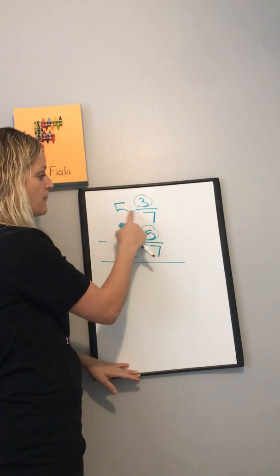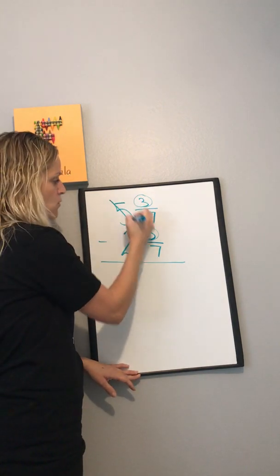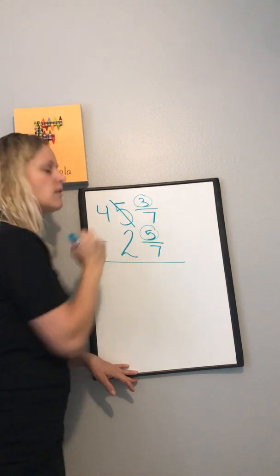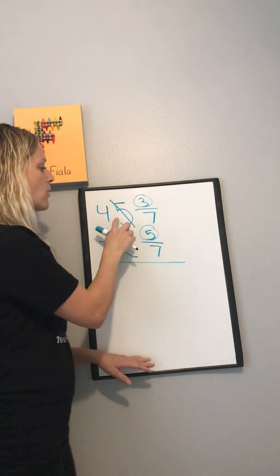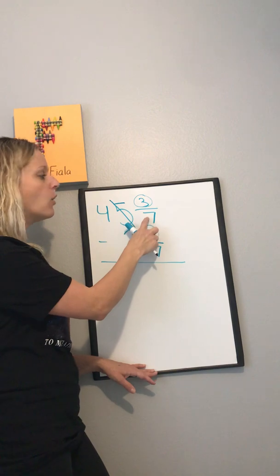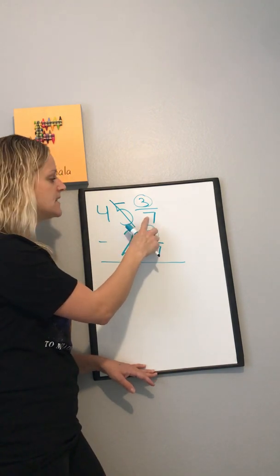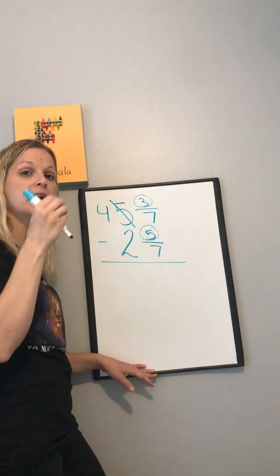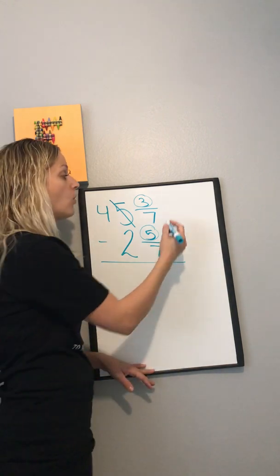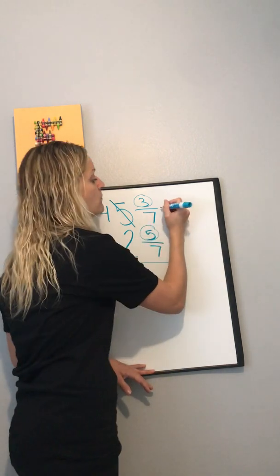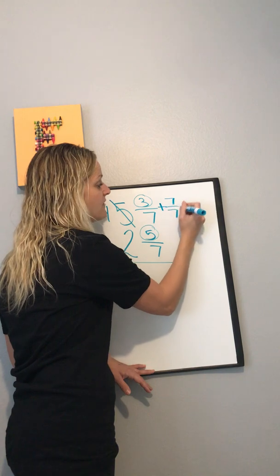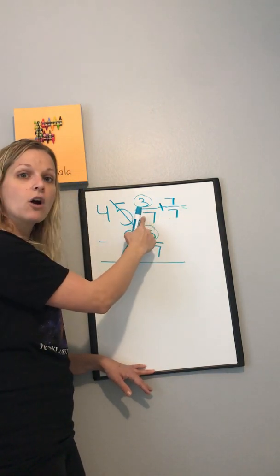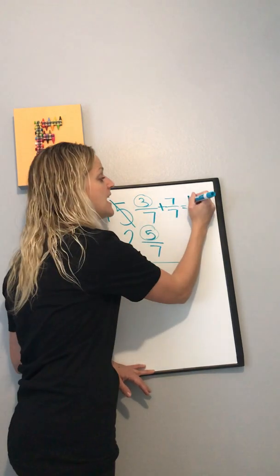So since I can't do that, I'm going to borrow from the 5. Take 1 away from the 5, becomes a 4. I borrowed a whole. What is a whole for this fraction? Since the denominator is 7, the numerator has to be 7. So my whole is 7/7. I'm going to add 7/7 to the 3/7 I already have, which gives me 10/7.